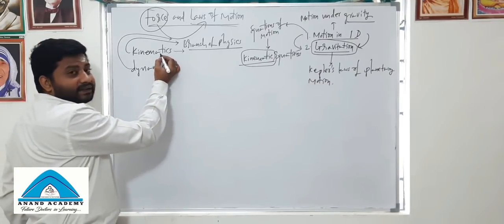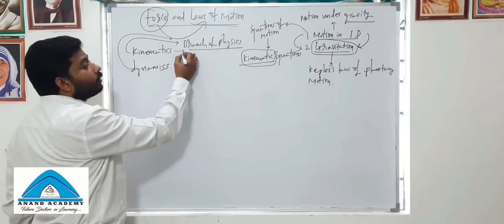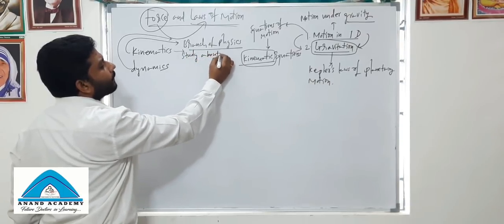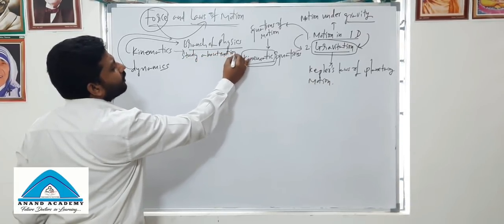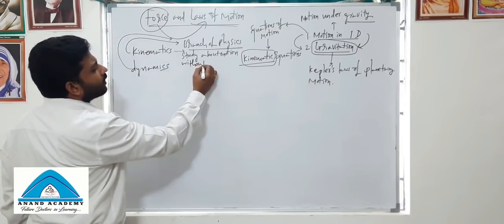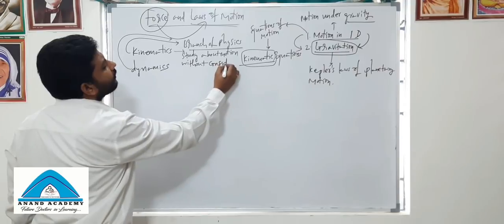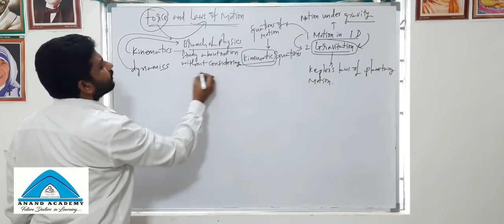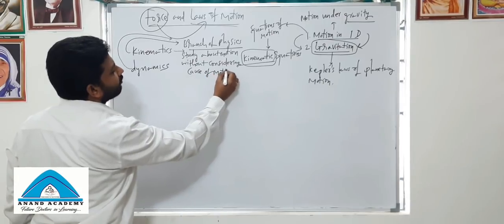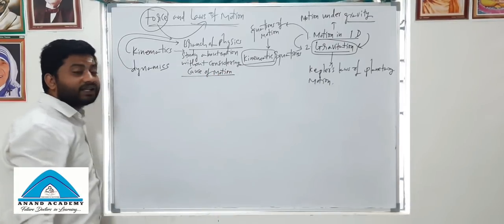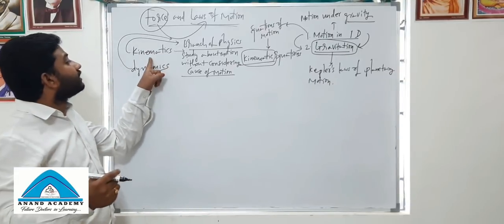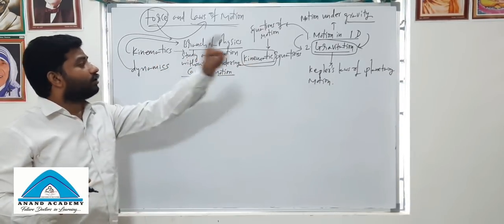In kinematics, we will be studying the motion of the body without considering the cause of the motion. That's an important part here. So without considering the cause of the motion, we learn about the motion of the body.